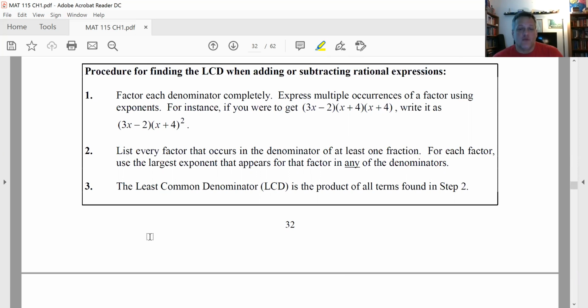So if that factor occurred in 2 different fractions, one of them once and one of them 4 times, let's say, then you include that factor to the 4th power as part of the LCD. You always use the factor with the highest power of any time that it occurs in any of the fractions. Then you multiply all those together, and that's the LCD.